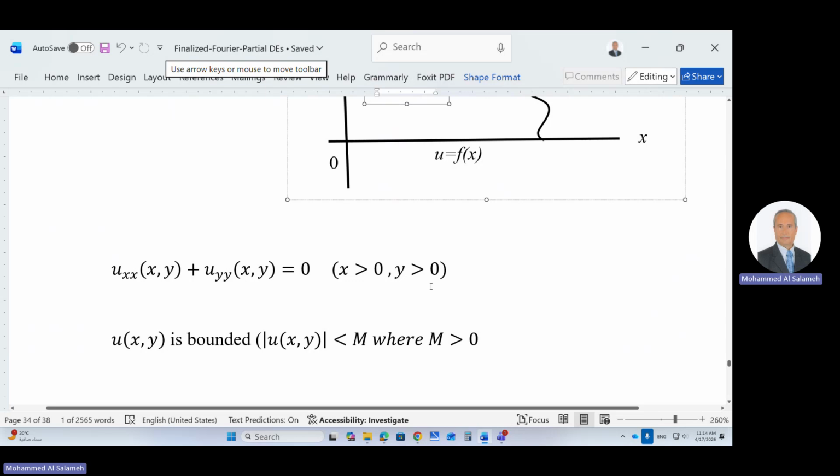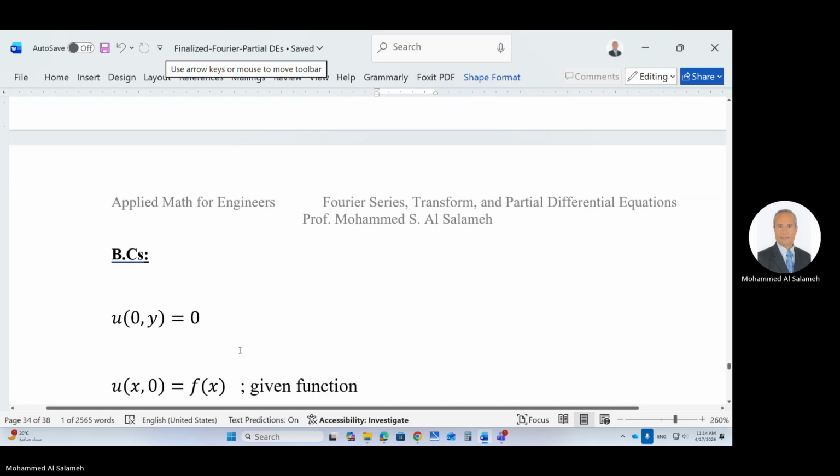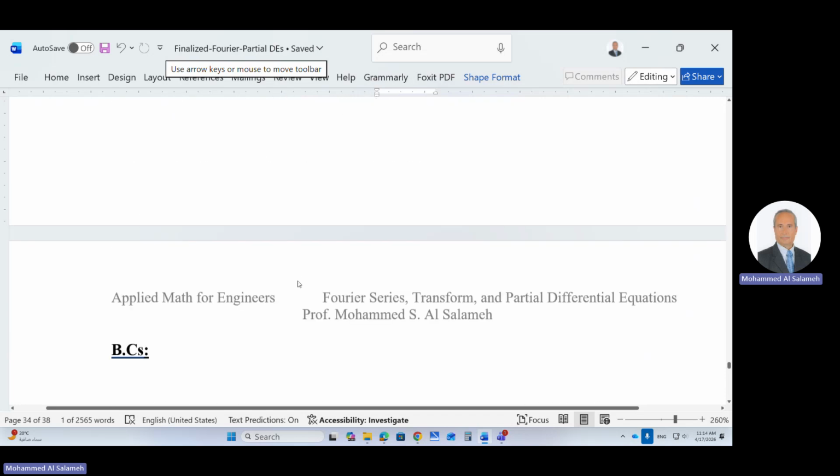So let's put the Laplace equation: second partial of u with respect to x plus second partial of u with respect to y is equal to 0. And the boundary conditions are, of course, u is bounded. Boundary conditions: u at x equal to 0, which is the y-axis, is equal to 0, as given here.